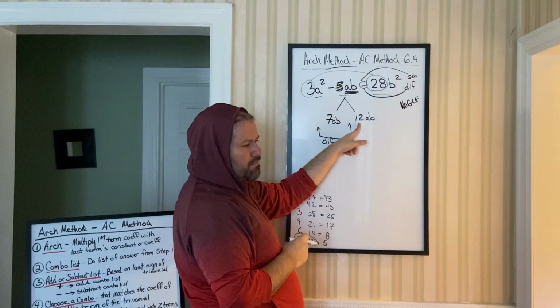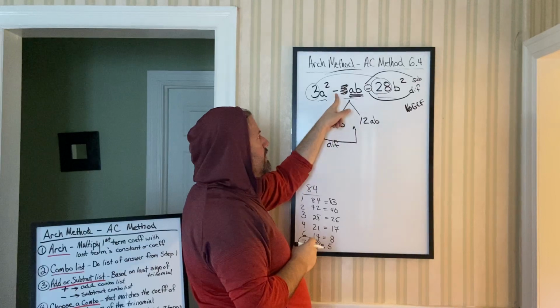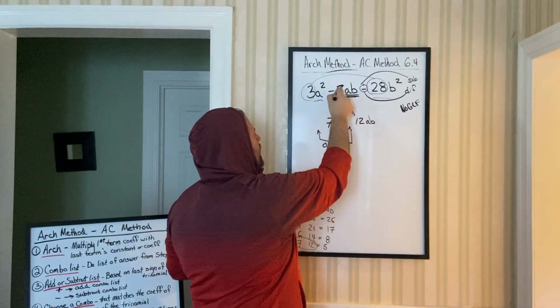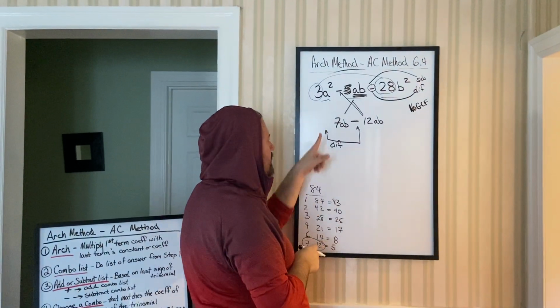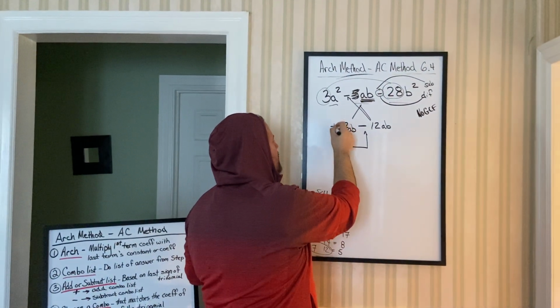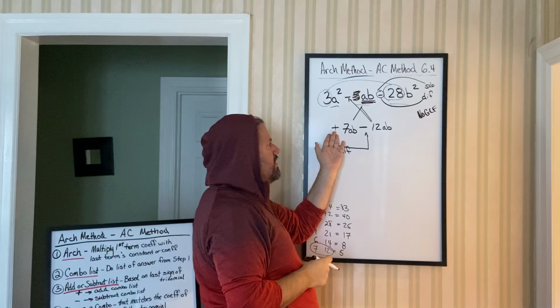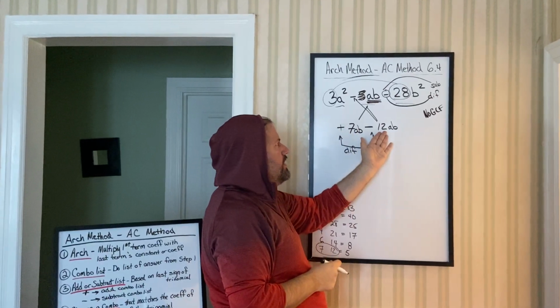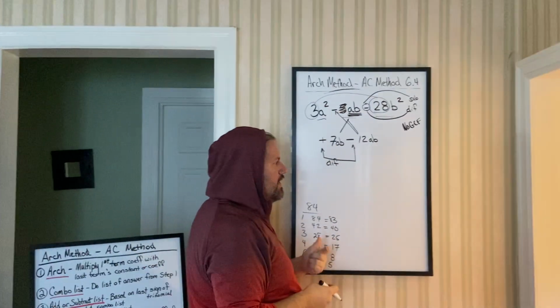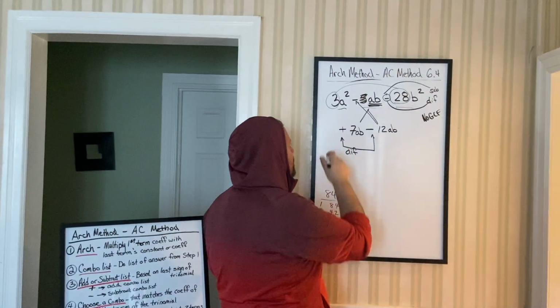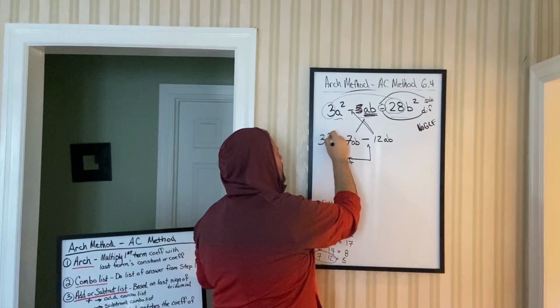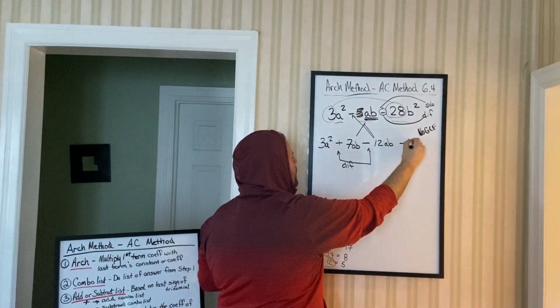So the bigger number, the 12, will always get the same sign as the middle. So it's going to be a negative 12. And this is going to be a positive 5. That looks good. Plus 7, minus 12, negative 5. Now that you got the signs of the split, remember step 7, bring down the first term, bring down this last term.